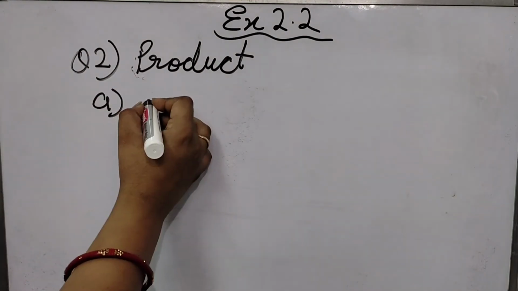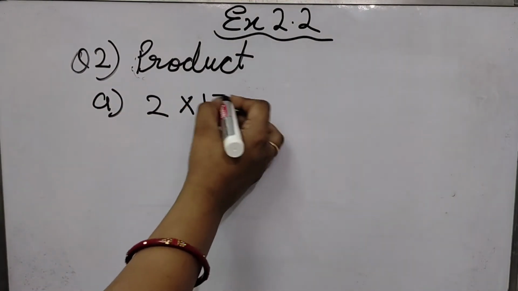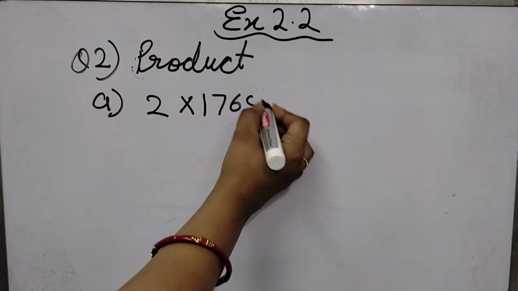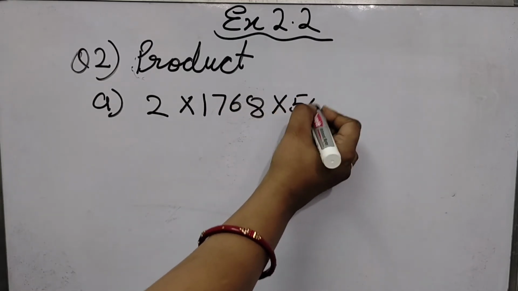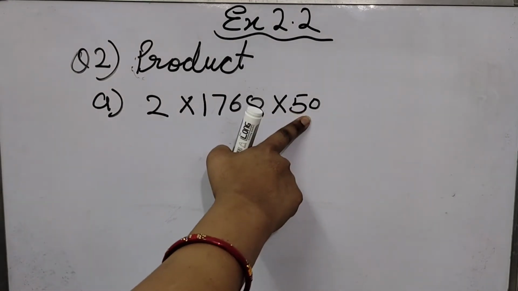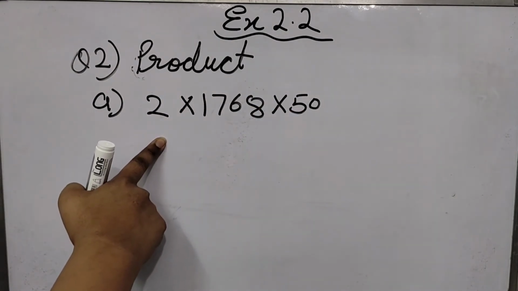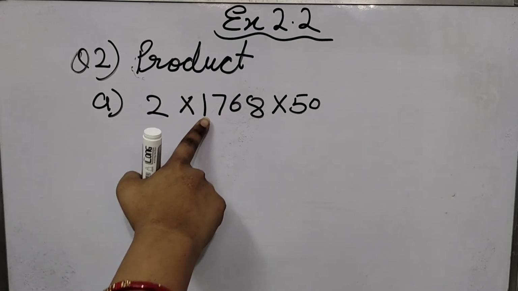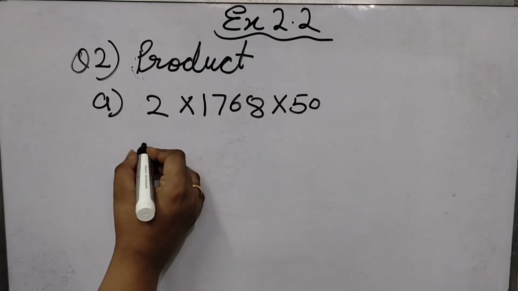So part A is 2 multiplied with 1768 multiplied with 50. Now we can see if we multiply 2 and 50, we will get our answer as 100, and it is quite easy to multiply 1768 with 100.